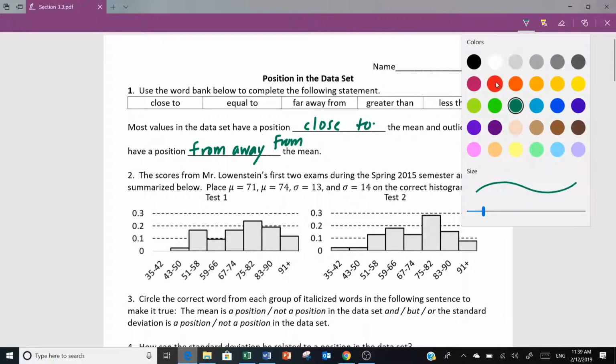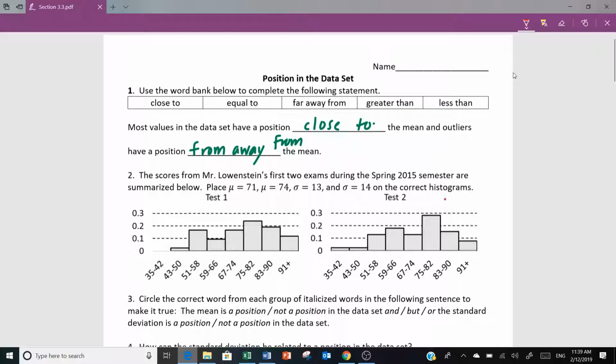Oh, sorry, my bad. This one has the smaller test scores, so smaller standard deviation because the test scores are closer together. And likewise, this one has to have the bigger standard deviation.